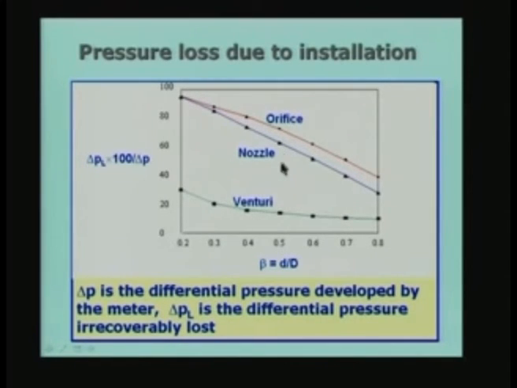So the expense goes up in this direction, and as the expense goes up, the pressure loss goes down. So you have to decide based on the requirement whether to use an orifice, nozzle or venturi. Cost wise, the orifice is the cheapest, the nozzle is more expensive, and the venturi is the most expensive of the three different types of measuring devices.